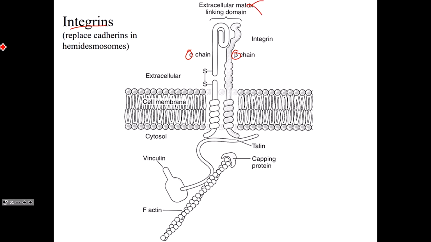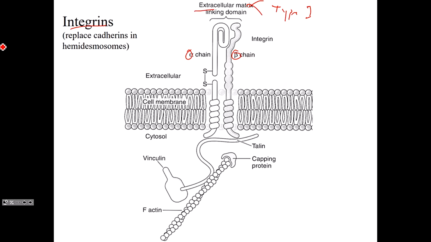So for instance, I'm just making this up, say an alpha 3 beta 2 might bind type 1 collagen, whereas an alpha 5 beta 1 might bind some sort of glycosaminoglycan. So by having the appropriate combination of alpha and beta subunits, you can bind specific types of extracellular components of connective tissue.